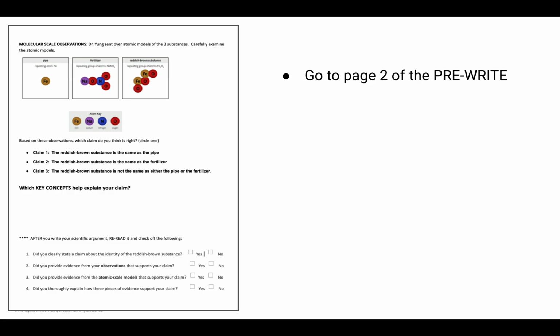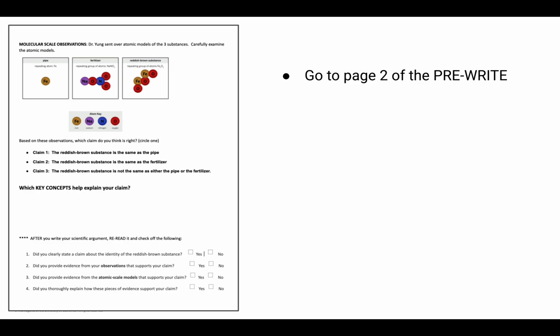And the fertilizer, good grief, the fertilizer is a repeating group of atoms. It is NaNO4, and then the reddish brown substance looks like that. So we've got an atomic key down below, and you can kind of match the atoms with that key.